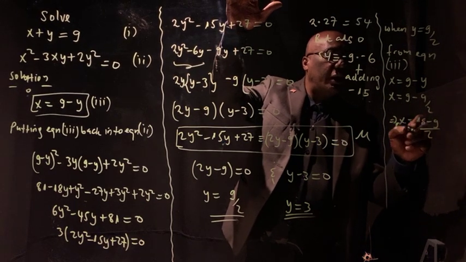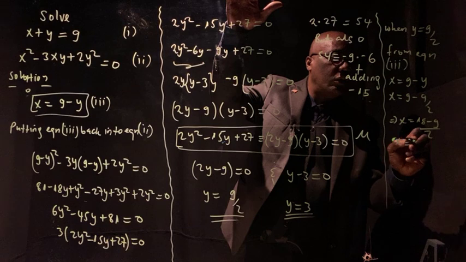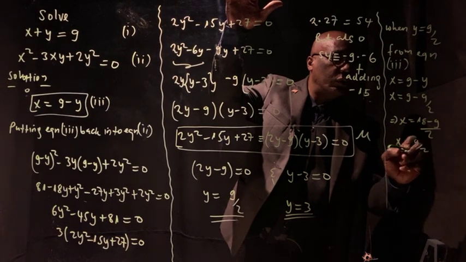I cross multiply. So we have x equals 9 over 2.